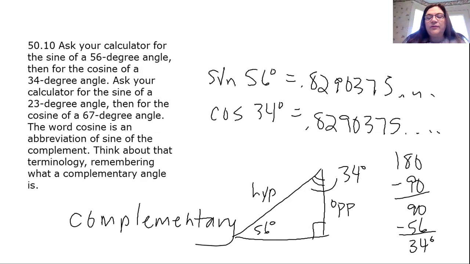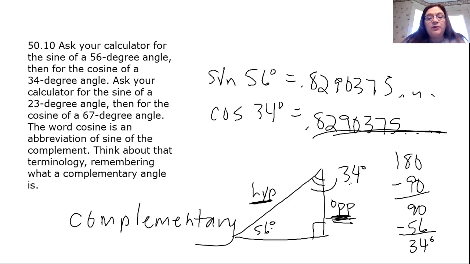Let's think about that. For 56 degrees, I use the sine, and that's opposite over hypotenuse. But for 34, I said cosine. Well, how would I get the same number exactly? It's if I use this number and divide it by this number, right? That ratio would give me this same number up here. But is this side opposite to the 34?